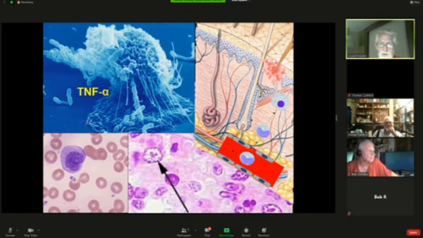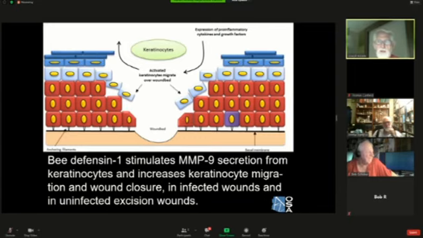In addition, there's another molecule called beta-defensin 1, which is present, and this helps speed up the healing of the tissues by increasing the migration of the cells that make up the superficial layers of our skin. So it has good action against the bacteria and good action helping the body to restore the normal cells that have been destroyed by the infection.